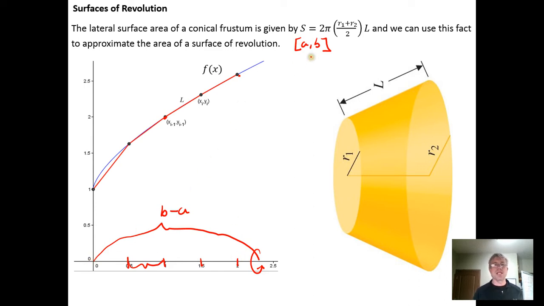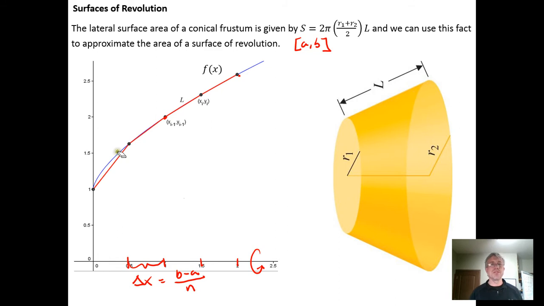And then if you decide to cut the interval from a to b into n chunks, this delta x right here, this change in x between any 2 chunks you've cut the interval into, is just going to be the length of the interval divided by n, where n is the number of pieces you cut the interval into. So we get delta x equals b minus a over n.